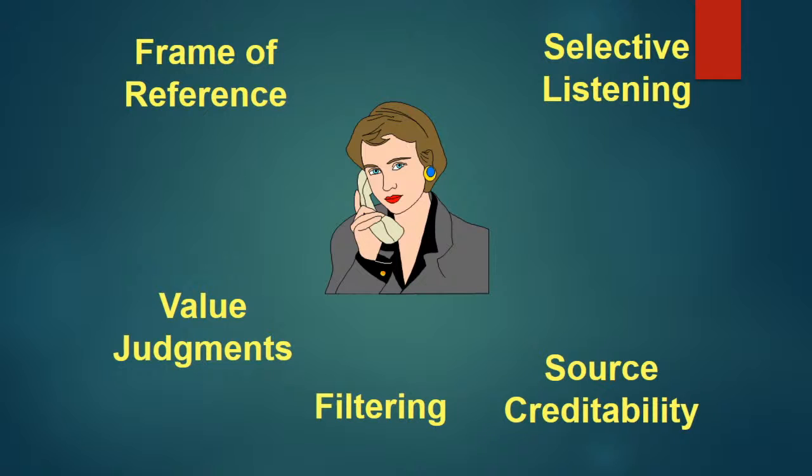Similarly, if the source of the information is not a credible person, that can also be a sort of barrier in the communication process. So these are some of the noises or barriers in the communication process.